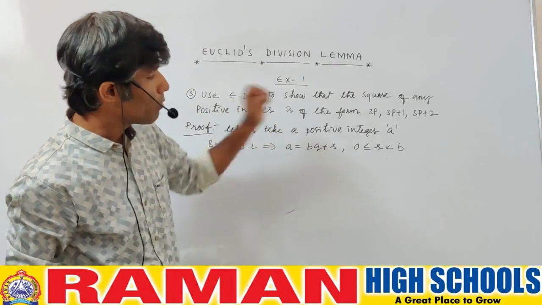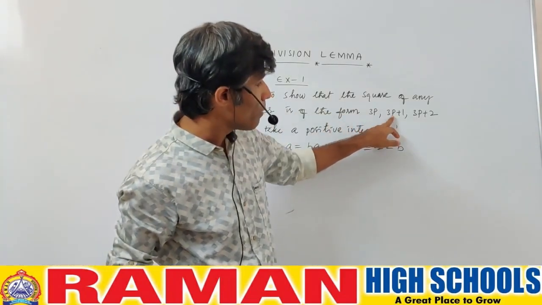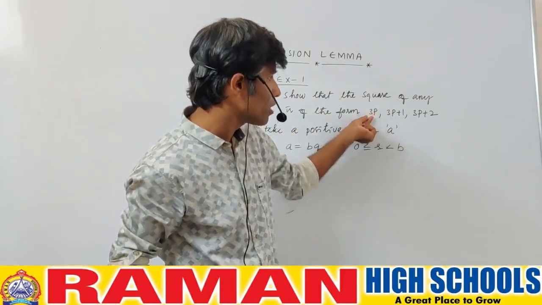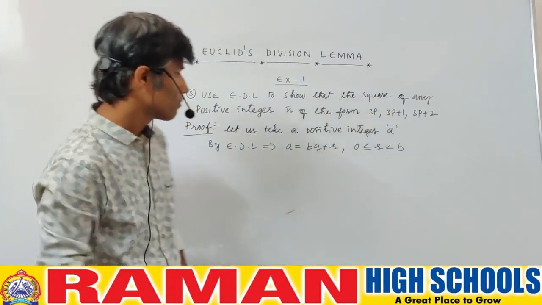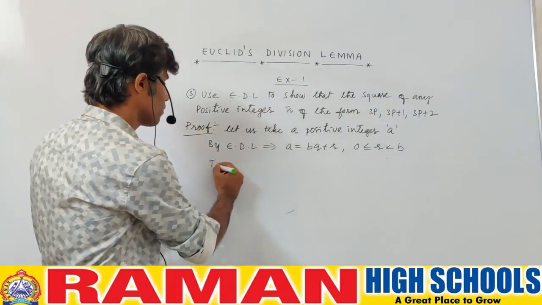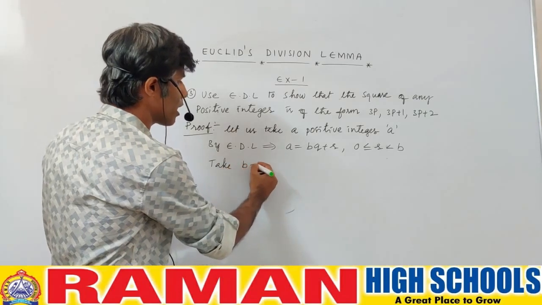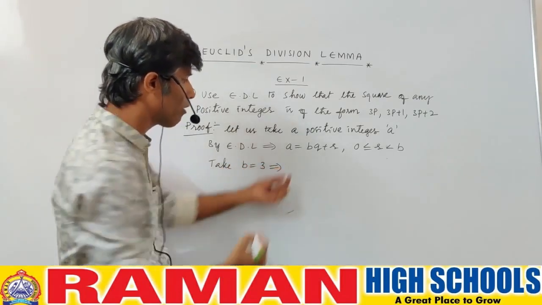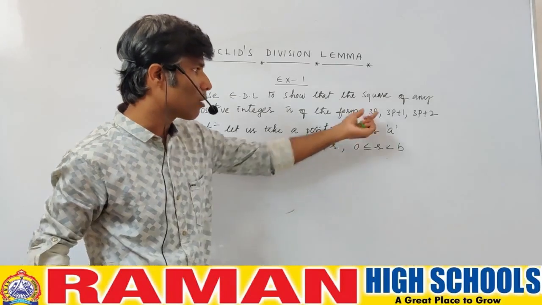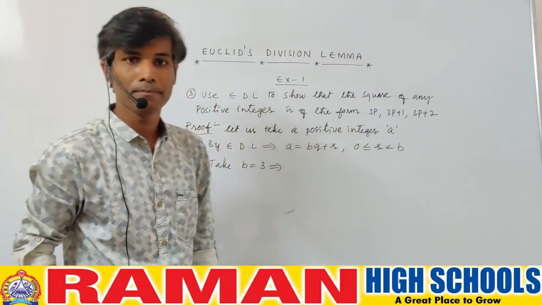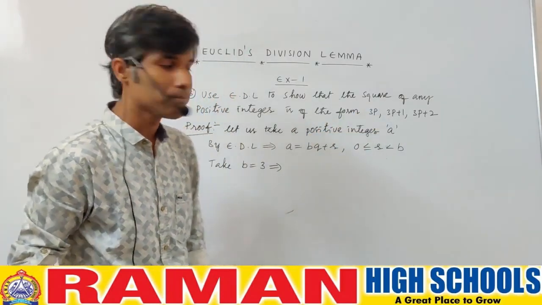In this question we can observe that we have 3p, 3p plus 1, 3p plus 2. Just note down this 3. Then you can observe that we are going to take the b value as 3.